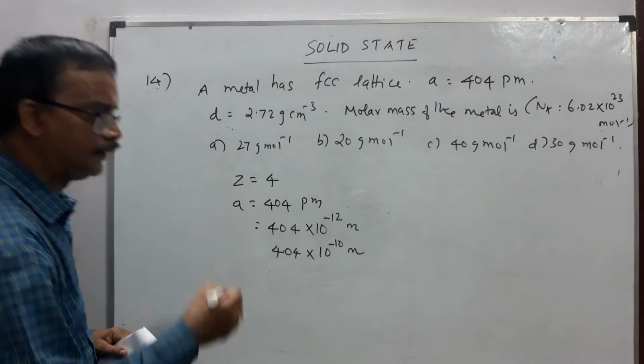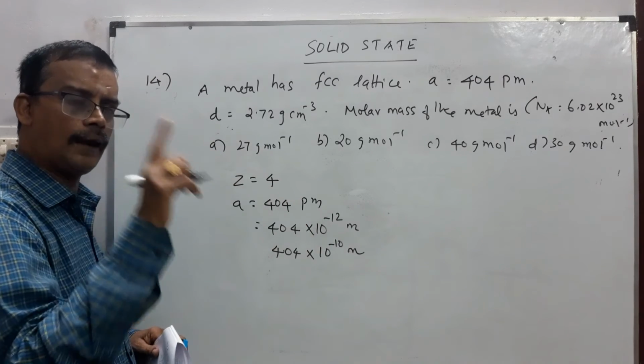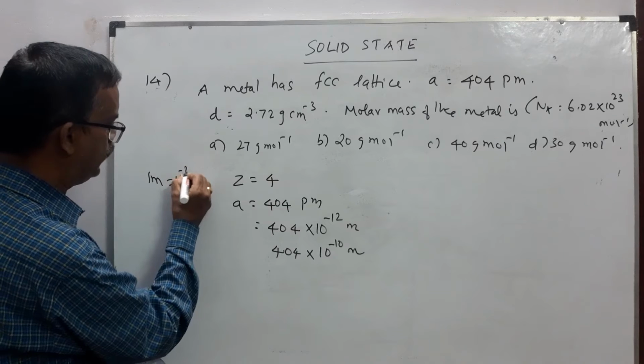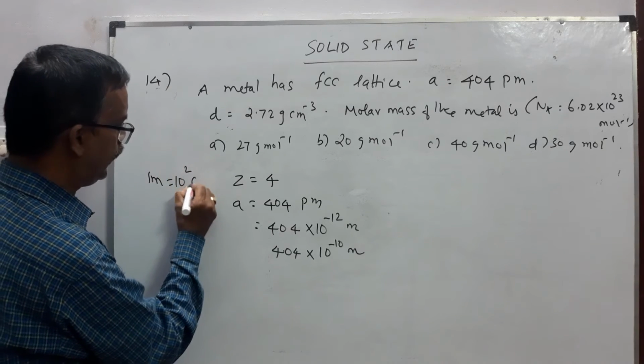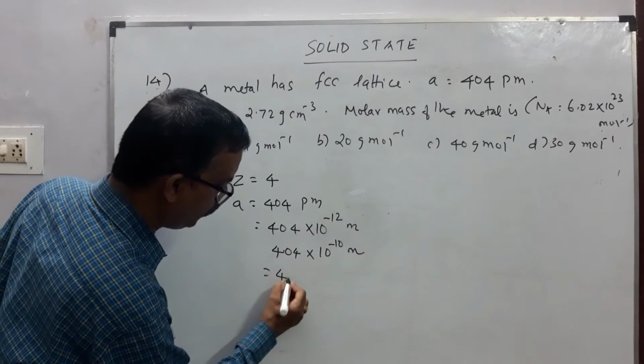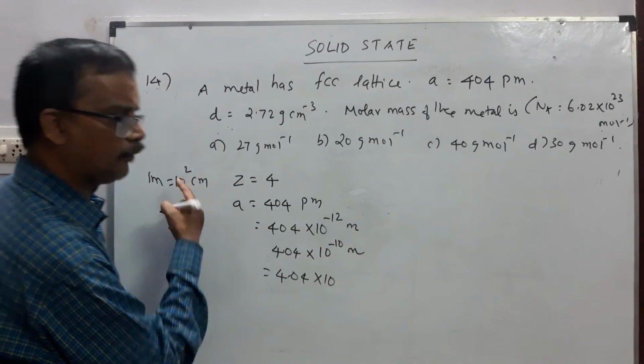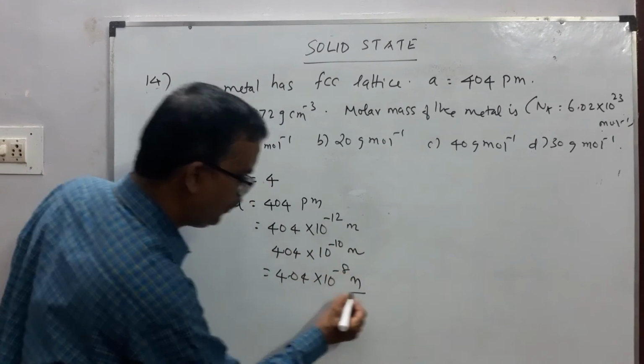If converted to centimeter, we know 1 meter equals 10 to the power of 2 centimeter. So 4.04 into 10 to the power of minus 10 into 10 to the power of 2, 10 to the power of minus 8 centimeter.